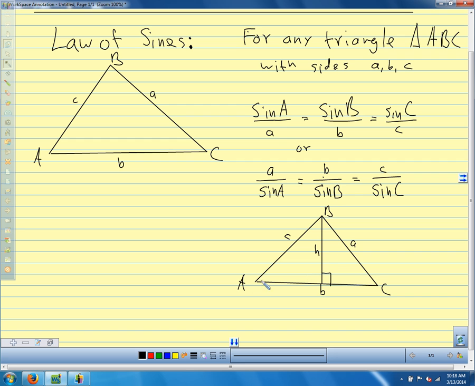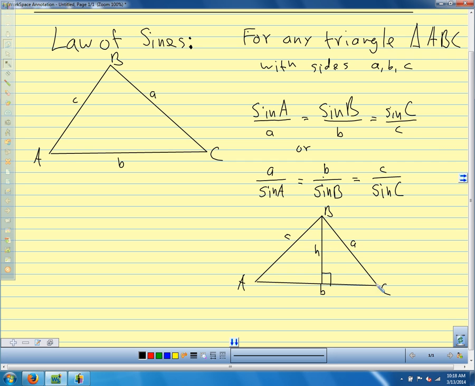Well, if I know the angle A and I know side C, I can find the height of the triangle using trigonometry. I have the opposite side and the hypotenuse of this triangle. So I can use the sine of angle A to find the height of this triangle. But I can go to this triangle as well, and I have the opposite side of this triangle, the height, and the hypotenuse.